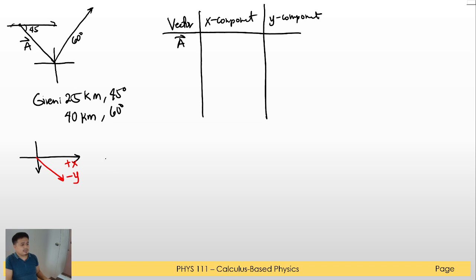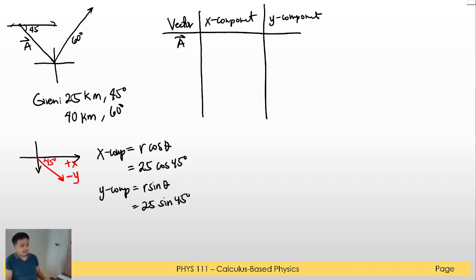So the x component is equal to r cosine theta. We have a given here of 45 degrees. Therefore, r is 25, so 25 cosine 45. And then the y component is equal to r sine theta, that is equal to 25 sine 45.